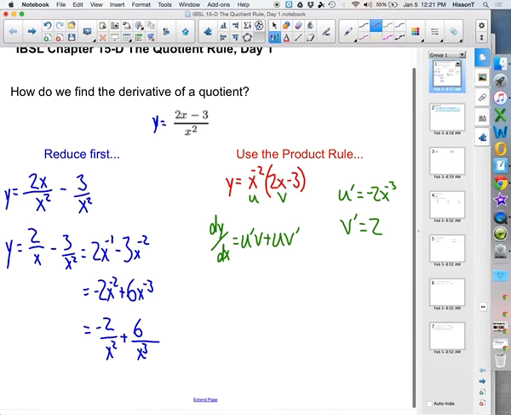So now when I do dy dx, u prime, negative 2x to the negative third, times v, 2x minus 3, plus u, x to the negative 2 power, times v prime, so just times 2.